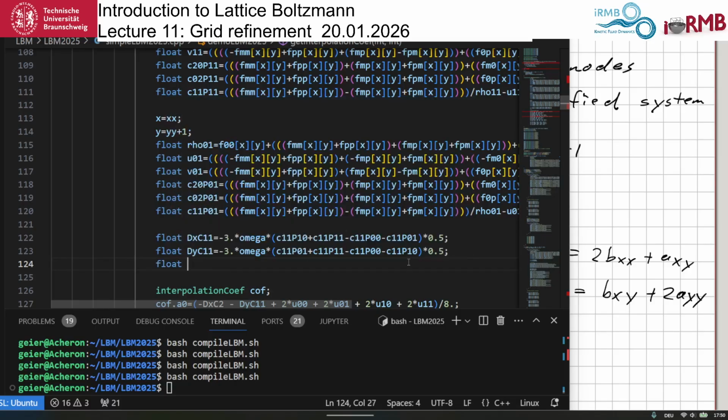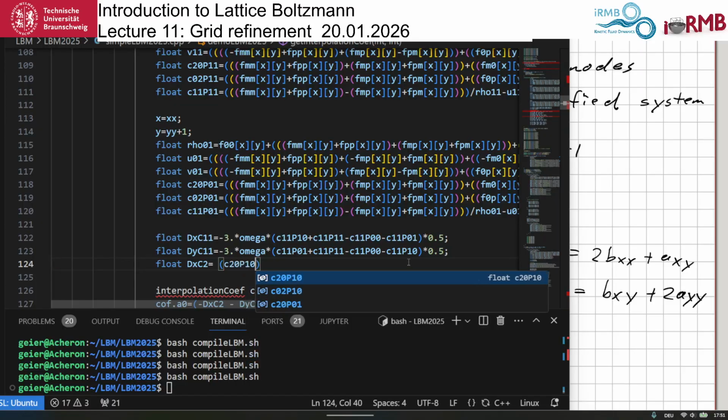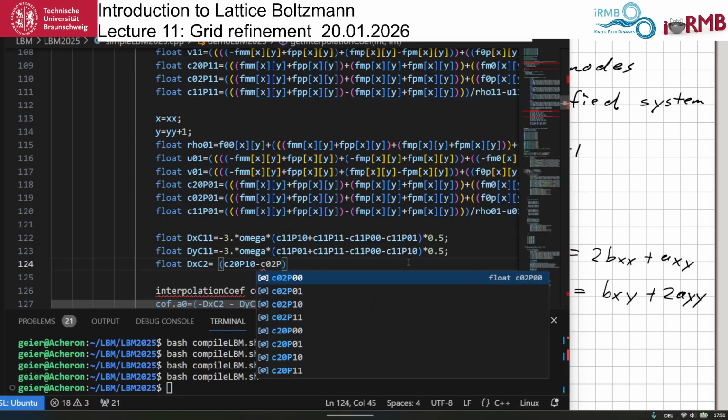So float dx C2. Let's start with the interior and do the rest later. So it's C20 P10 minus C02 P10, right? Because we have to combine all of them now.